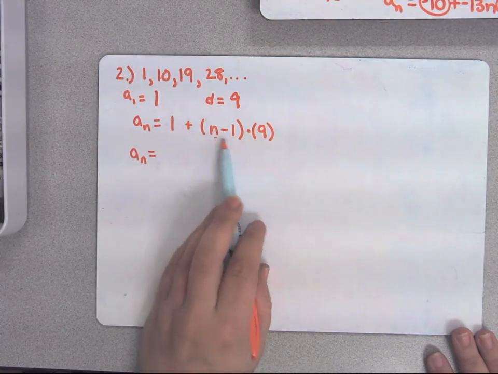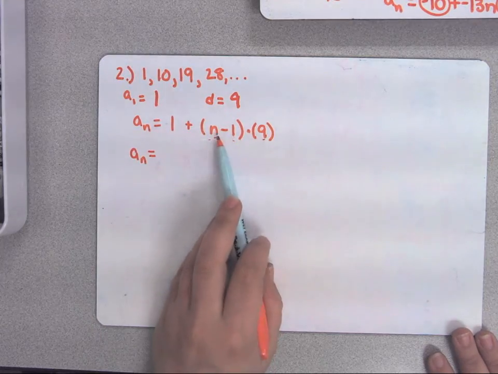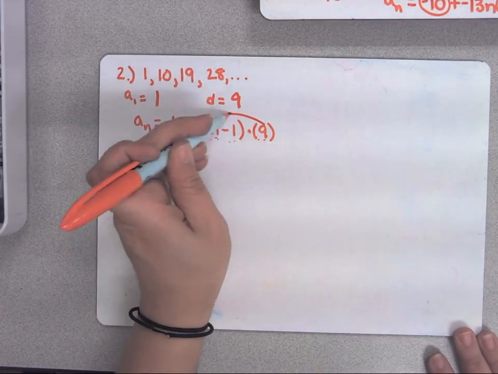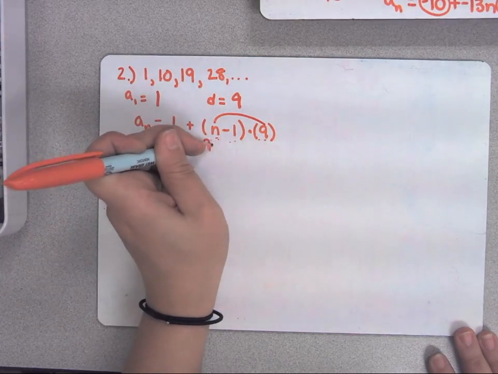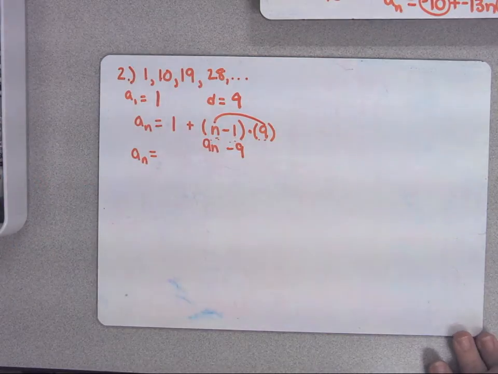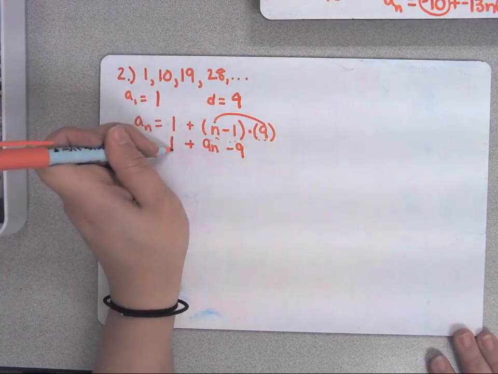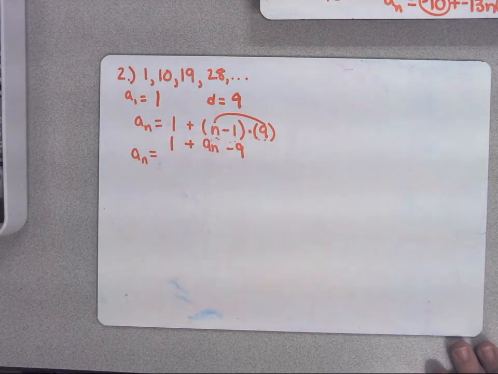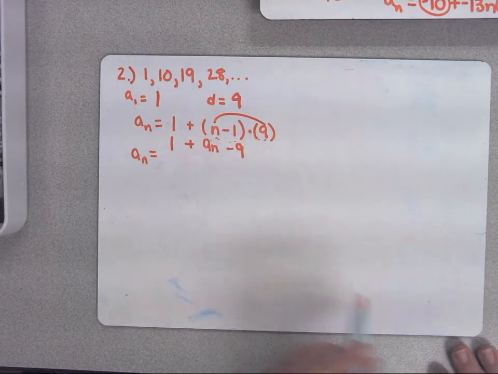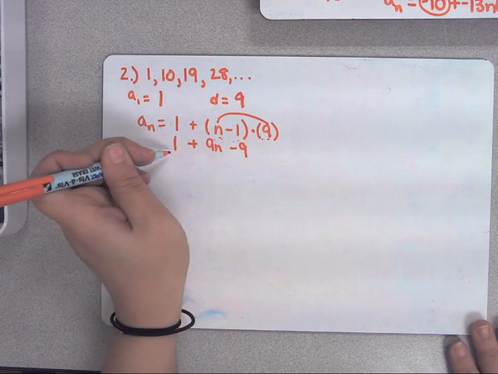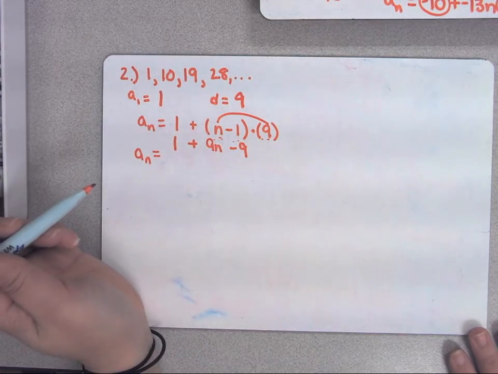You put these together, but these are two separate things: 9 times n and 9 times negative 1. It should be 9 times n, which is 9n, and 9 times negative 1, which is negative 9. And then you still have plus 1 here. You're just not done. That's not your last step. Your final step is you always look and go, okay, the 9n has nothing with it. Jacoby, tell me your answer.